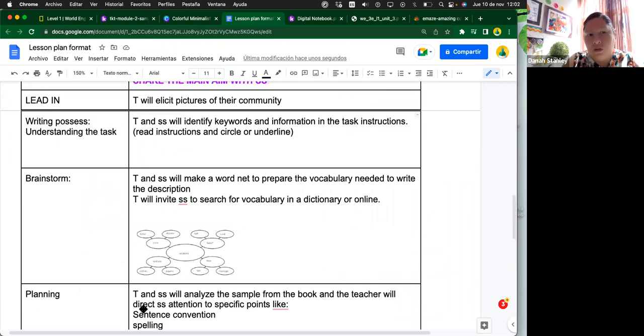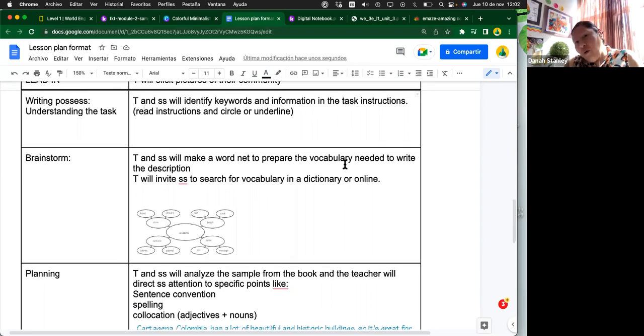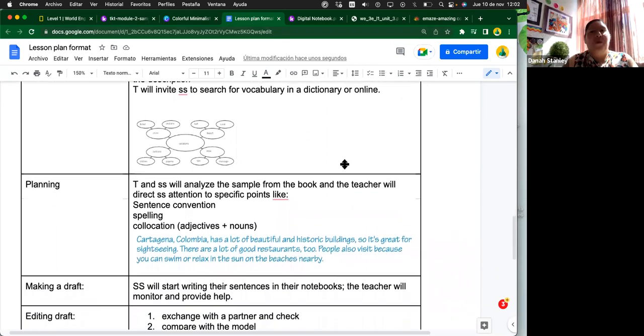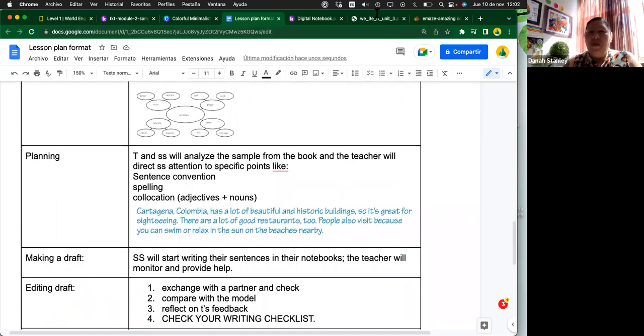Or these two lessons. The lesson plan is not complete yet. Le faltan cosas. Okay. We are going to continue analyzing the lesson plan. Homework. Y aquí voy a pausar el video porque esto es confidencial.